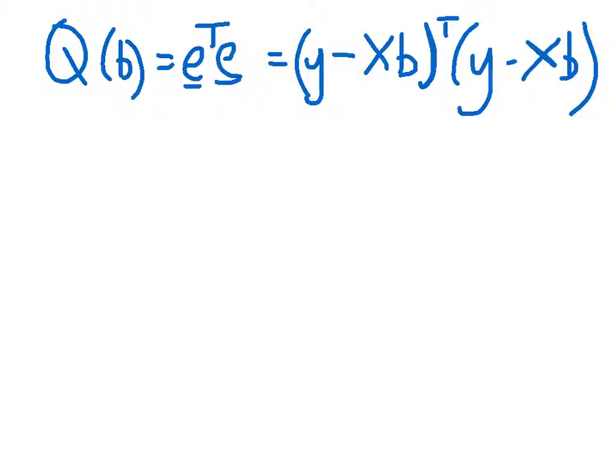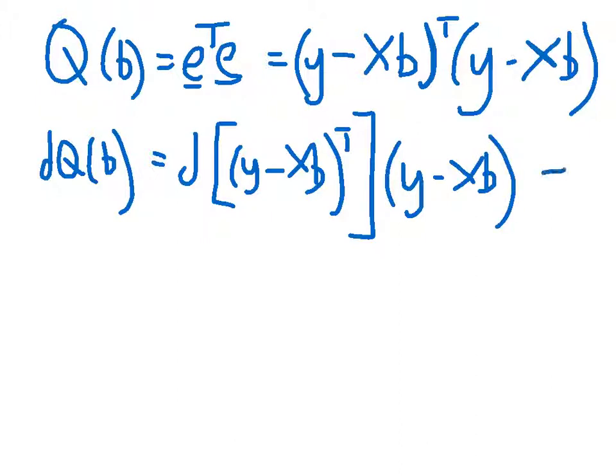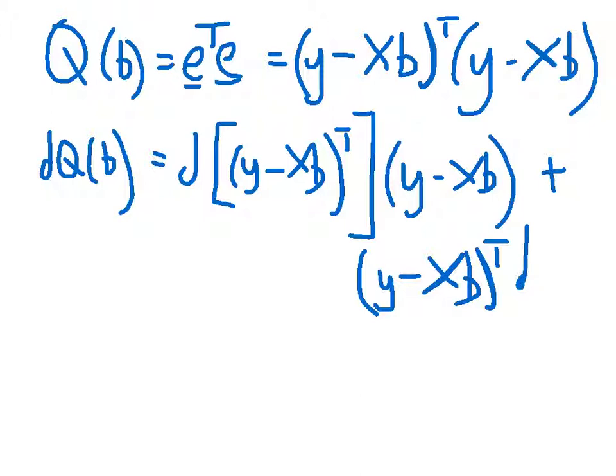So in order to find the point on this quadratic loss function where the b's minimise this function, we're going to take the differential of f, which is y minus xb transpose, multiplied by g, which is y minus xb, and we're going to add to this f, which we just said was y minus xb transpose, multiplied by the differential of g, which is y minus xb.